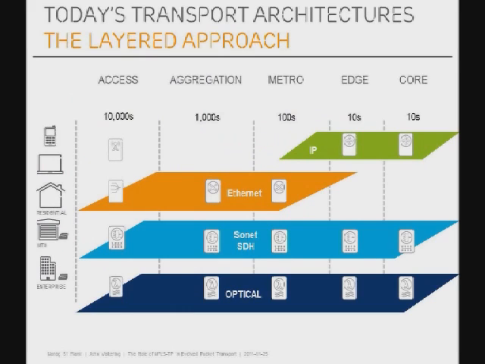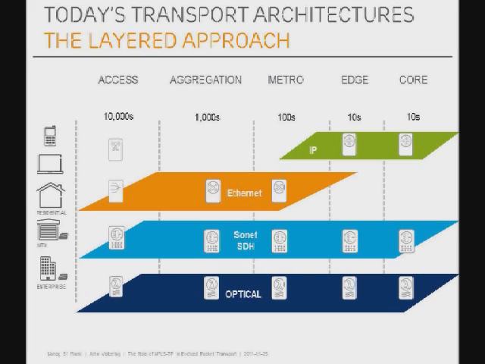Today's transport architectures are typically built out of a layered approach. Typically every transport network has an underlying optical layer, which has DWDM equipment to optimize the capacity of a single fiber. In this DWDM, the operators are typically running SDH or SONET services to transport legacy as well as Ethernet traffic.